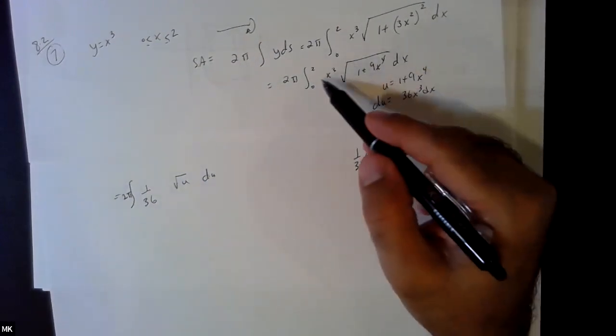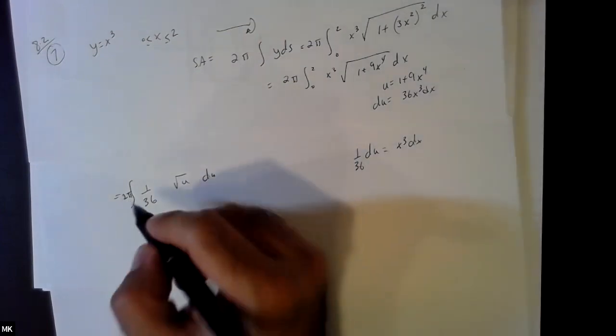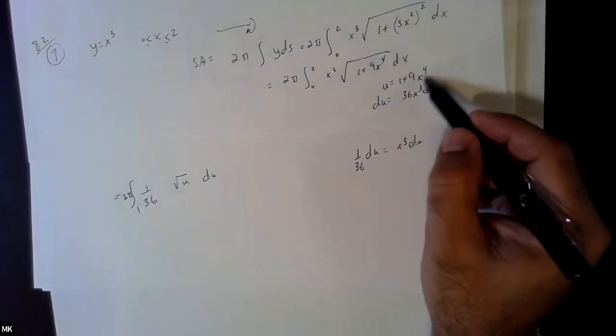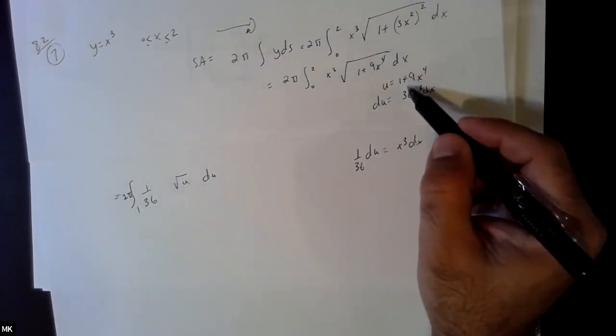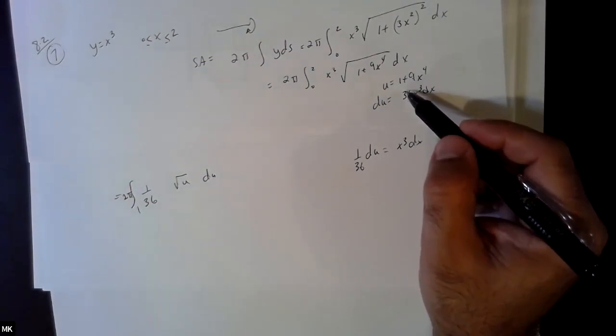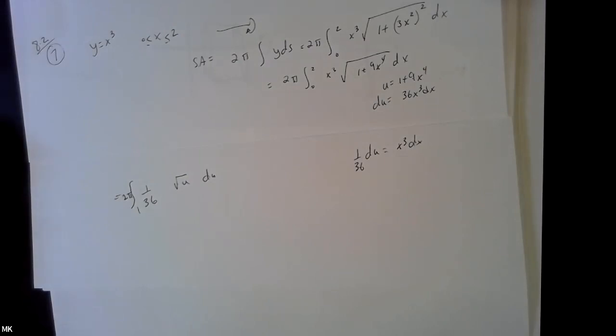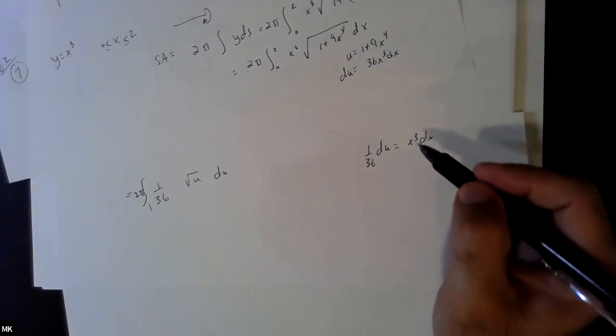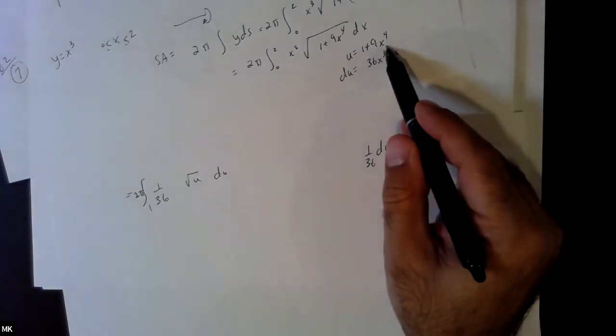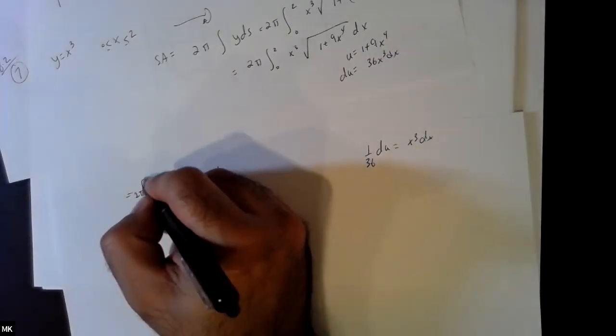Let's plug in the bounds. If x is 0, u is 1. If x is 2, you get 16 times 9 plus 1. So 9 times 16 is 144, plus 1 is 145.